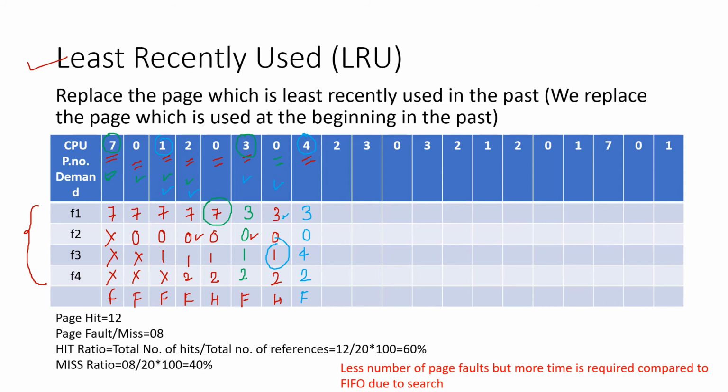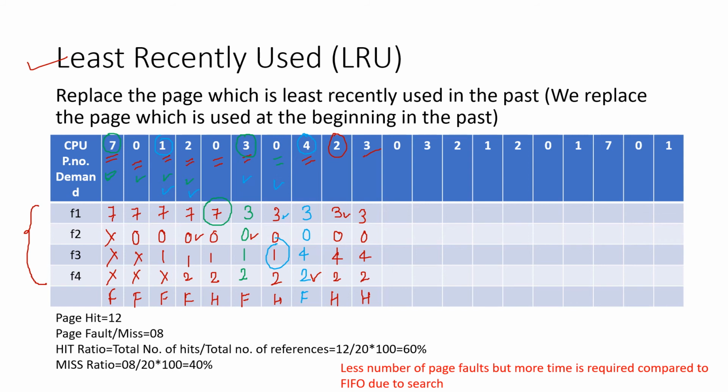Now next is what? 2. So whether 2 is already there? Yes, 2 is already there. So it's a hit. So write 3, 0, 4, 2. Now next is 3. 3 is already there. Yes, 3 is there. So it's again a hit. So write 3, 0, 4, 2.